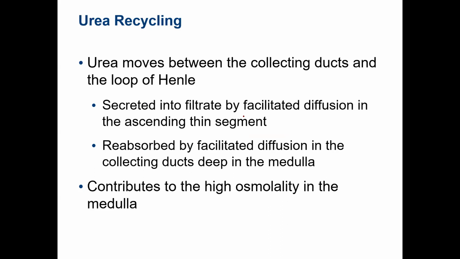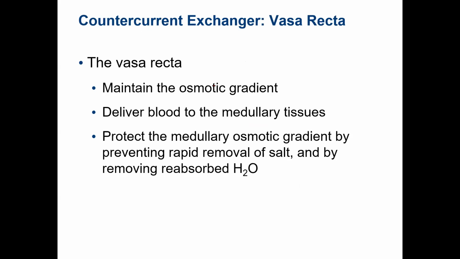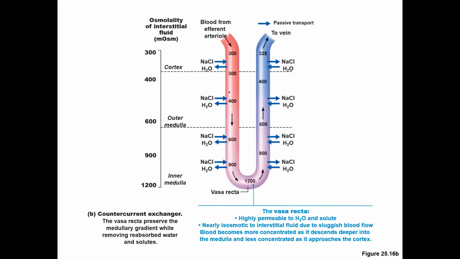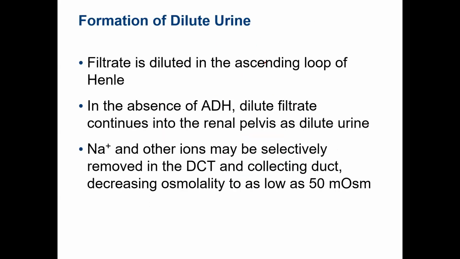Urea is moving between the collecting ducts and the loop of Henle, and it helps contribute to the osmolarity in the medulla of the kidney, which is going to help you reabsorb water. Here's the vasa recta, which is continuing that osmotic gradient there around the loop of Henle.